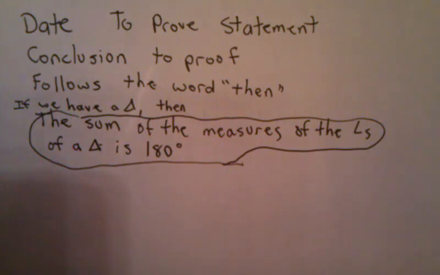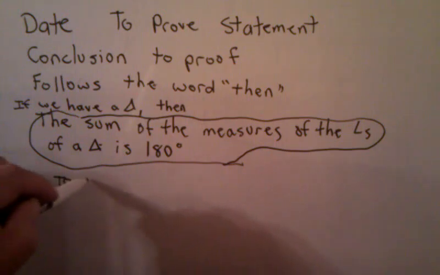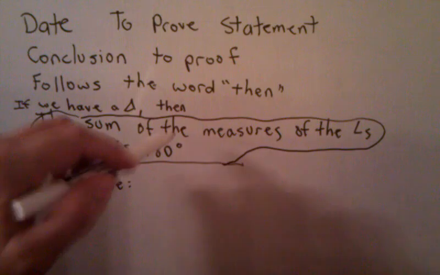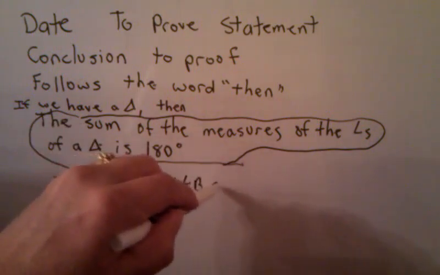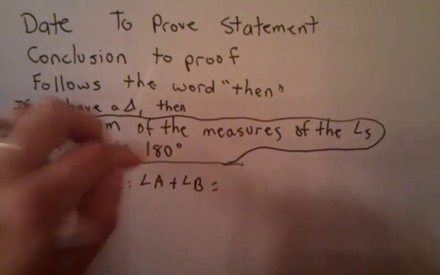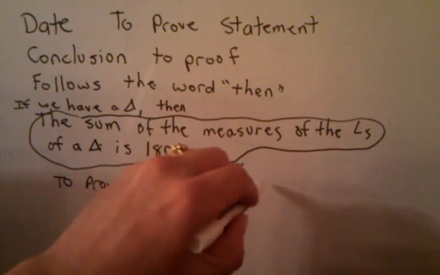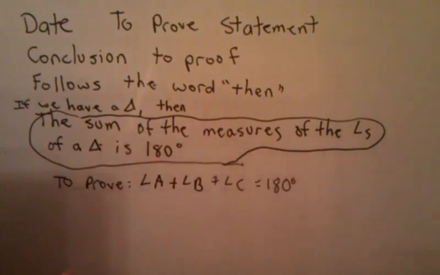So we would write, to prove, angle A plus angle B, a triangle has 3 angles, plus angle C equals 180 degrees. So the to prove statement is whatever's after the word then.